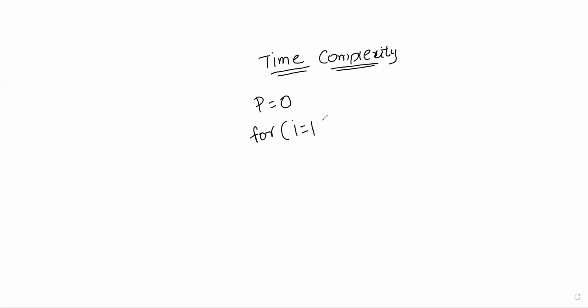So p is equal to 0. For i is equal to 1, i less than n, i is equal to i times 2, and p plus plus.